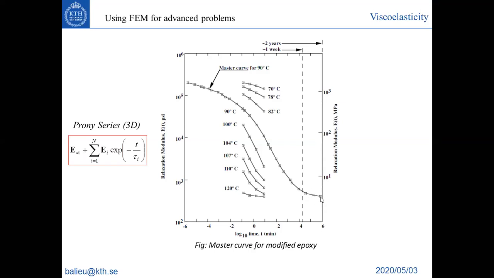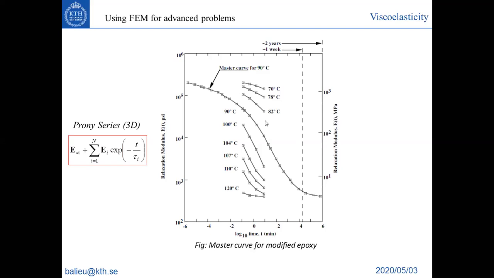Again, if you want to do this, you can do this without plotting a master curve, but you have to wait many years to get the response. So you don't want to set up an experiment and wait many years to be able to get the answer. This is not suitable, so that's why this time temperature superposition principle is very useful.